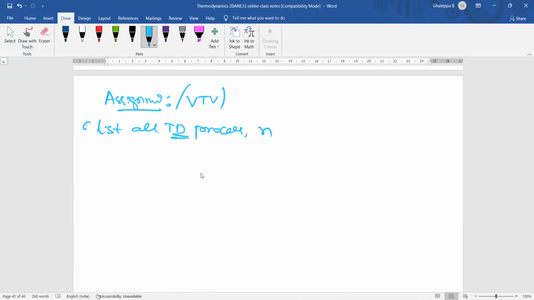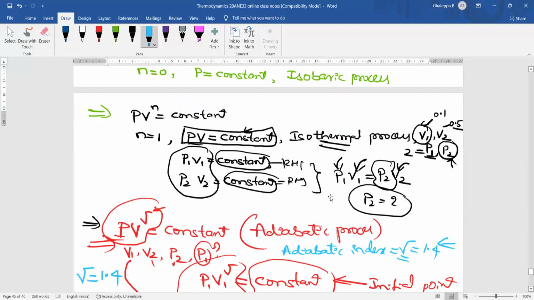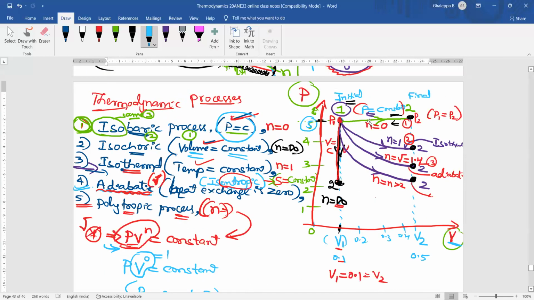And in the same question they may ask you, represent all these thermodynamic processes in a single PV diagram. Why it is called single PV diagram means all 5 processes I have represented in the same PV diagram.